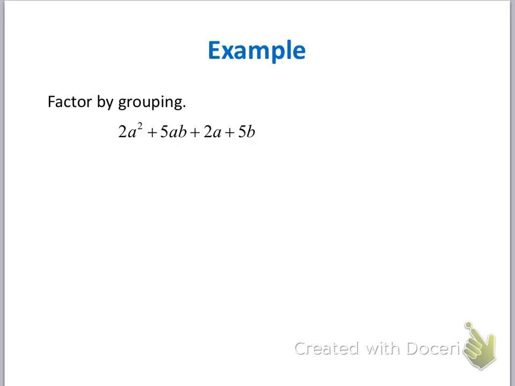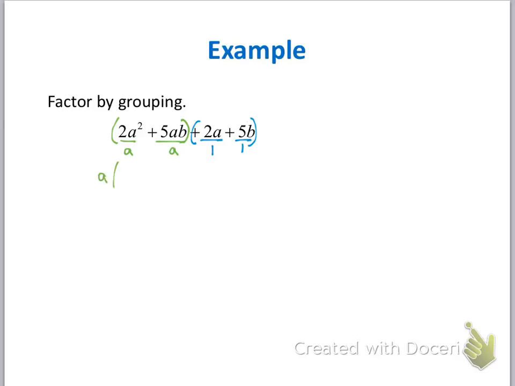Factor by grouping. So as I'm looking at this problem, I notice that I have a common factor of A, and I have a common factor, no common factor, but I can call a common factor 1. Let's see what happens.